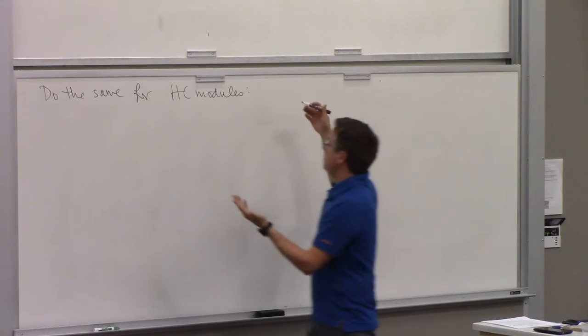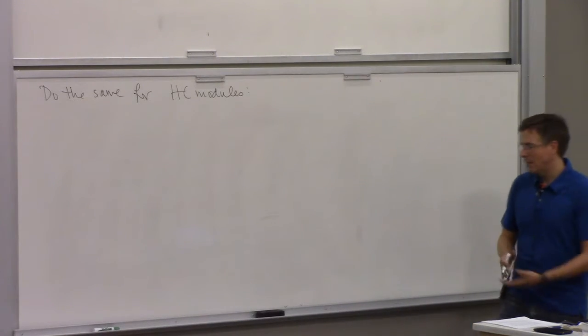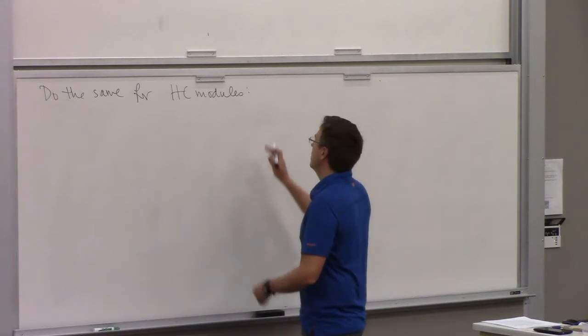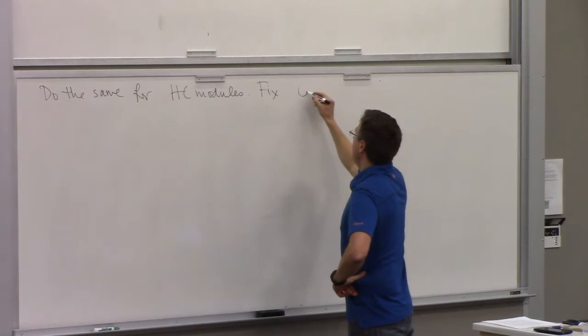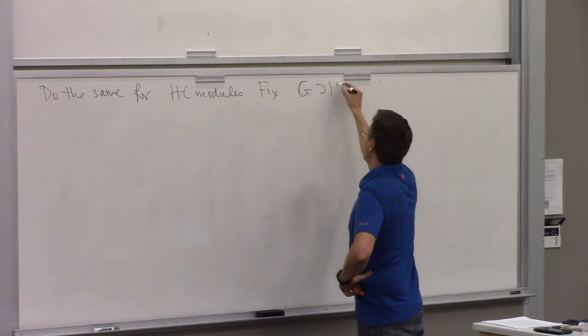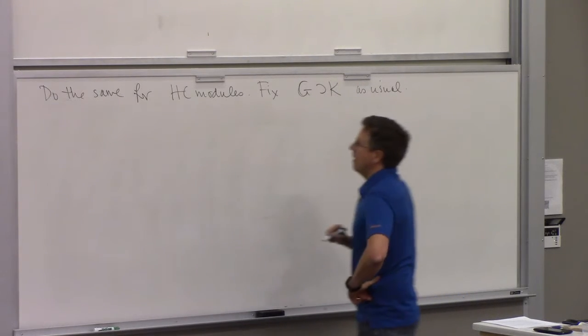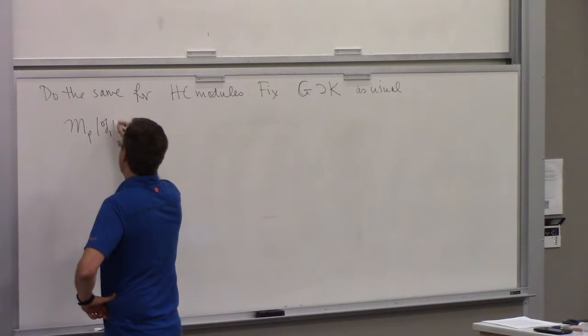Okay, so you can restrict to the atlas setting, but if you want to think about more general symmetric pairs, you can. But so fix G, K as usual, and let's look at M rho GK.